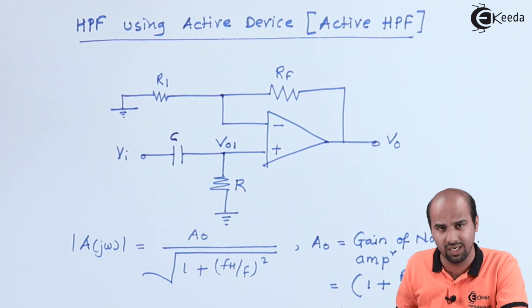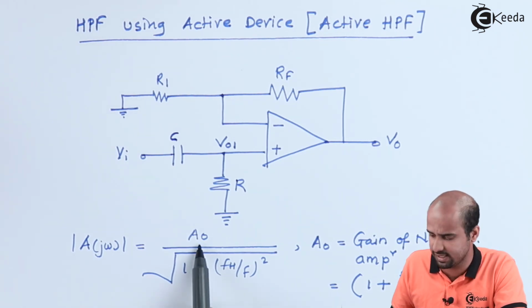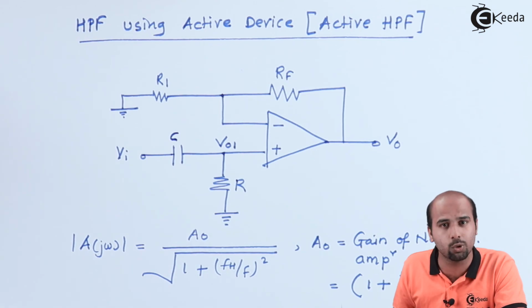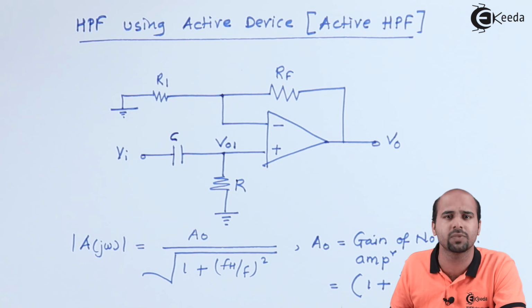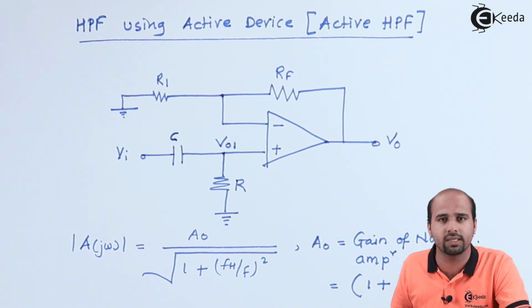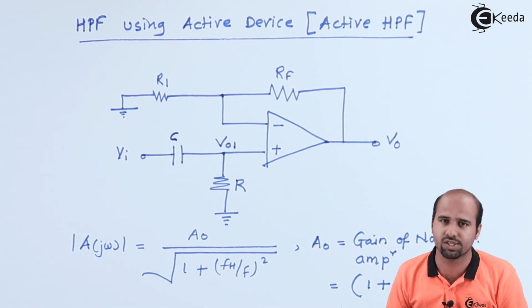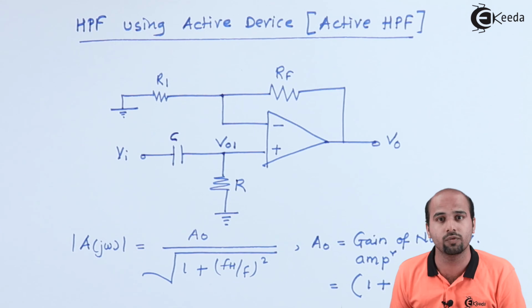If the customer requires the gain A0 to be equal to 11, then I will say that RF upon R1 has to be 10. So RF is equal to 10k, R1 is equal to 1k. That's how we can fulfill the customer requirement. And this is how the high pass active filter operates.